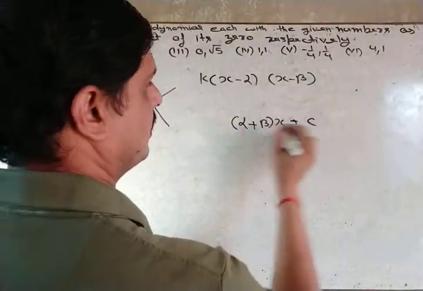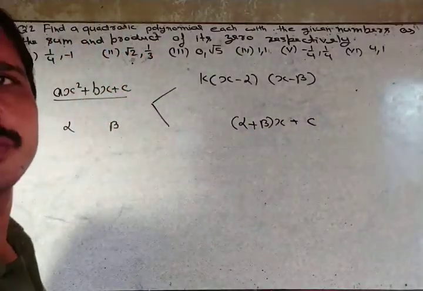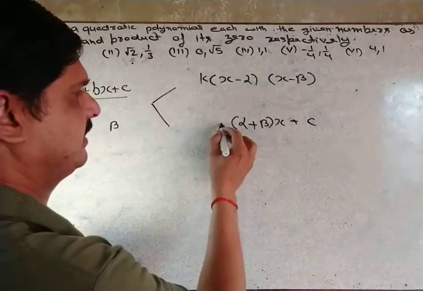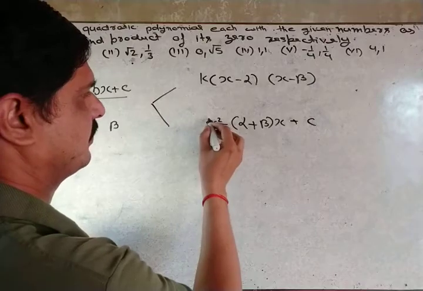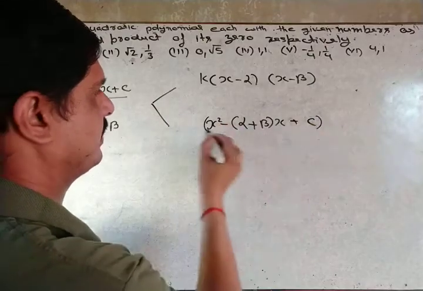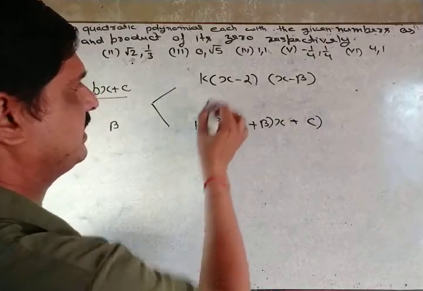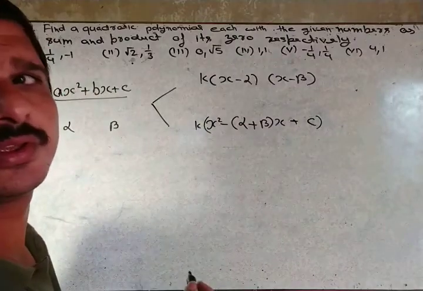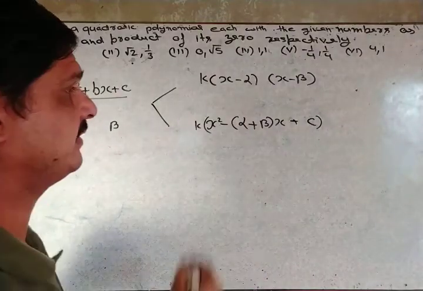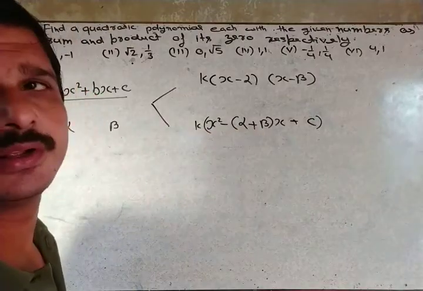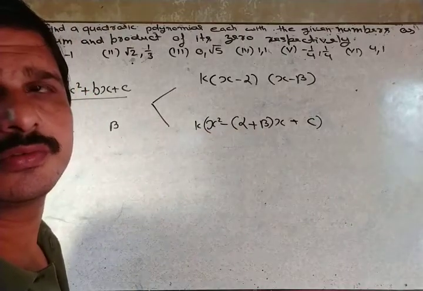Plus c. What is the sign? Negative. And what? X square. K. In both cases k is an integer, and the value of k doesn't alter the value of alpha and beta.